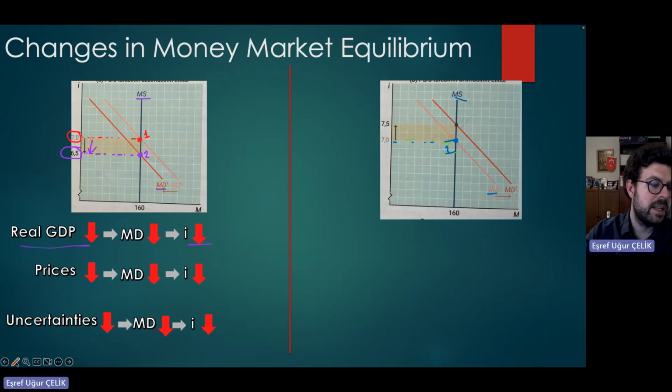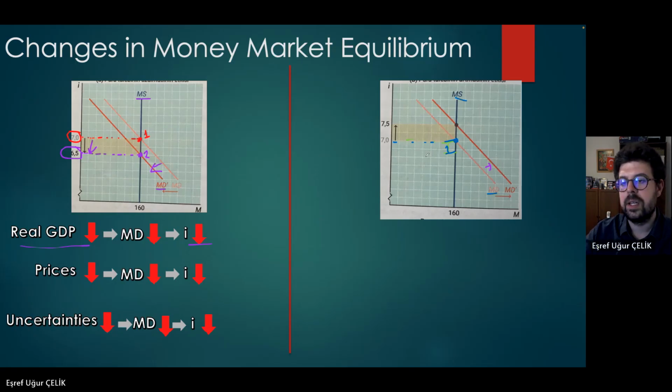So when the money demand becomes higher, that means it shifts to the right. Our new intersection point is the intersection of MD1 and MS. There's no change in money supply. So when the money demand becomes higher, you see the interest rate becomes higher.